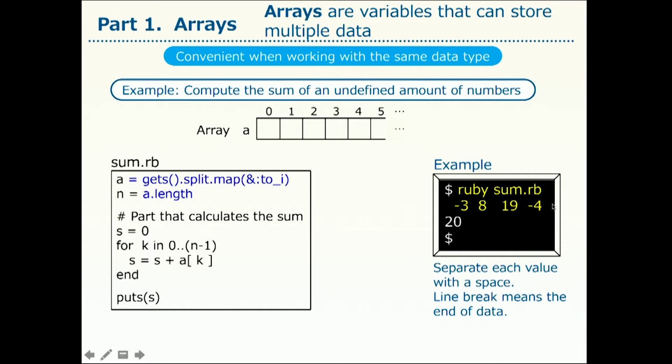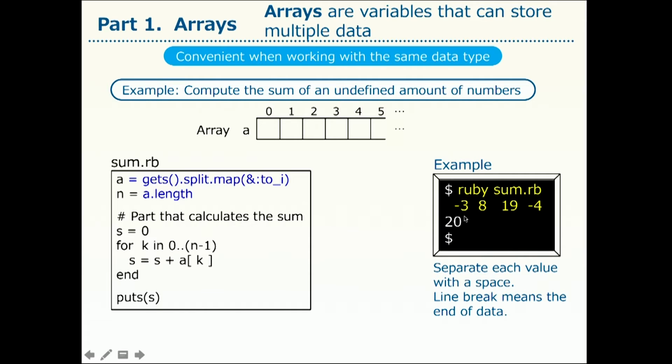Then the computer understands that all of those data has arrived, and so the program is run, and the answer for the sum of these numbers, that is -3 plus 8 plus 19 plus -4, that is 20, appears on the screen as the output.